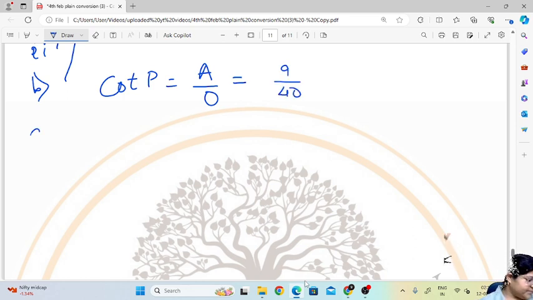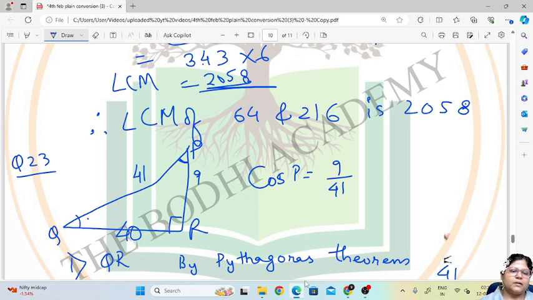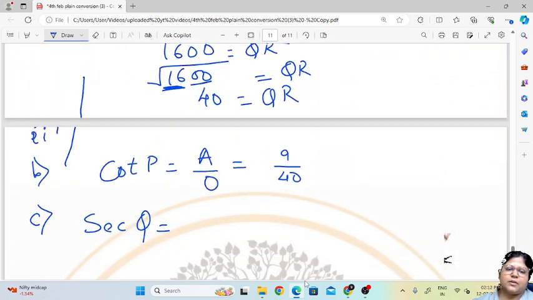Then C. The value of sec Q. Now when they are asking Q, the theta goes to the opposite side. Theta is here now. So sec is what? Sec is the reciprocal of cos. Cos is adjacent upon hypotenuse, so sec will be hypotenuse upon adjacent.